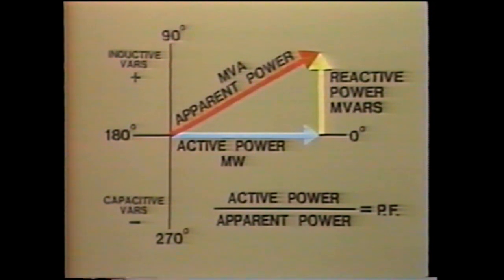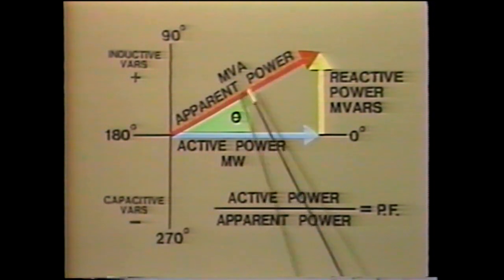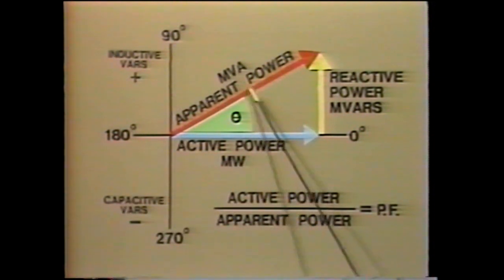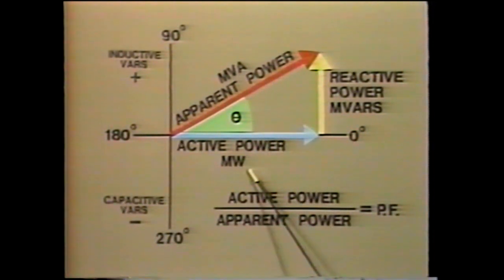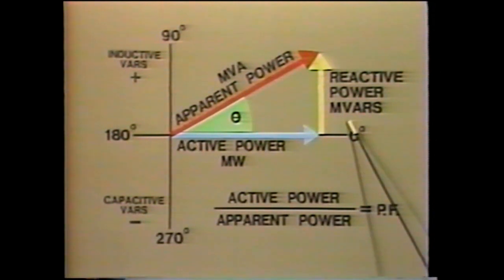The ratio of active power divided by apparent power is called the power factor. That value, power factor, is trigonometrically speaking the cosine of this angle, theta. The value of any one of the sides of the triangle can be calculated from the equation volt-amperes squared equals watts squared plus VARs squared.